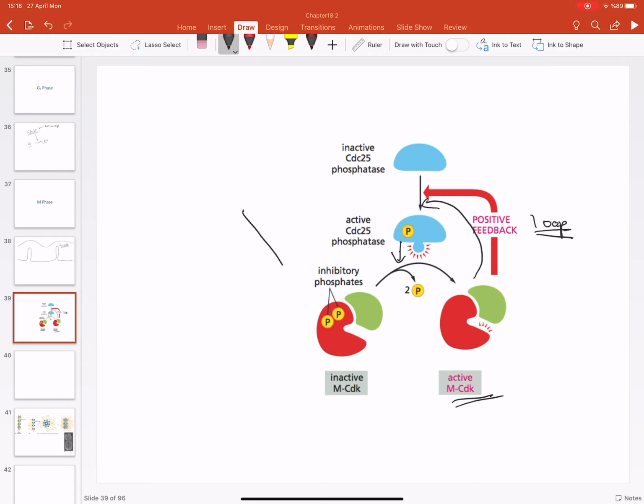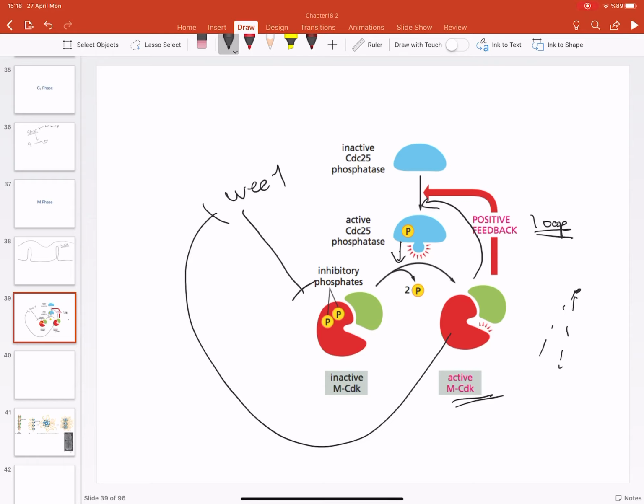And we know that Wee1 is suppressing the cyclin CDK activity. Once it is activated, it will also go and block the activity of Wee1. This is why once the signal is given, it is given really sharp and it activates everything abruptly. So from this one single cyclin CDK, you're going to create a lot of cyclin CDK activity, and they will start mitosis all at once.